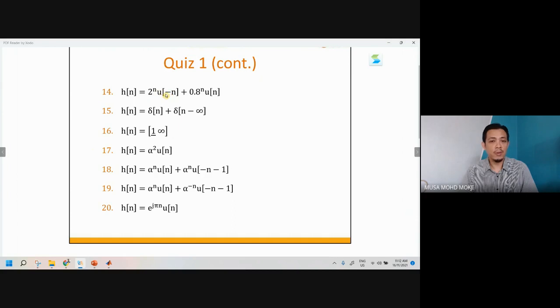What is u[n]? u[n] is a unit step, but this is u[-n], so this is a flipped version. Plus 0.8 to the power of n u[n]. So we will find H(z), and then what is the ROC, and then the poles and zeros.